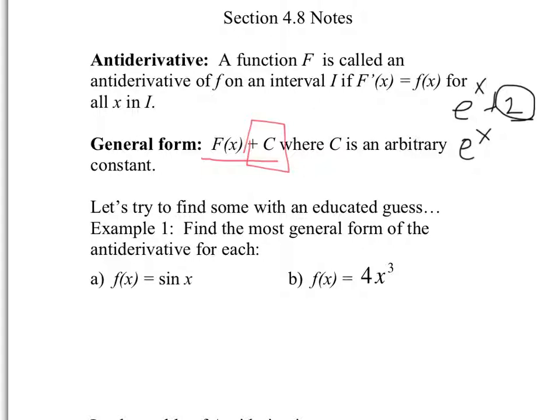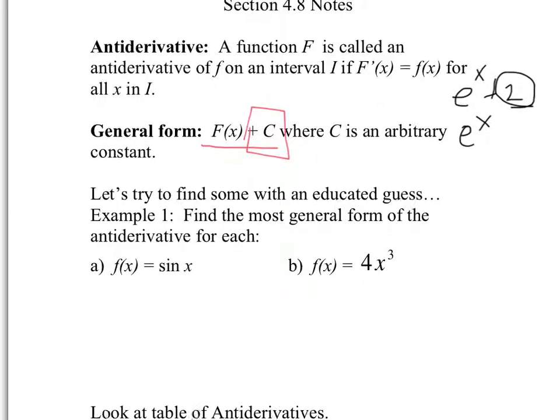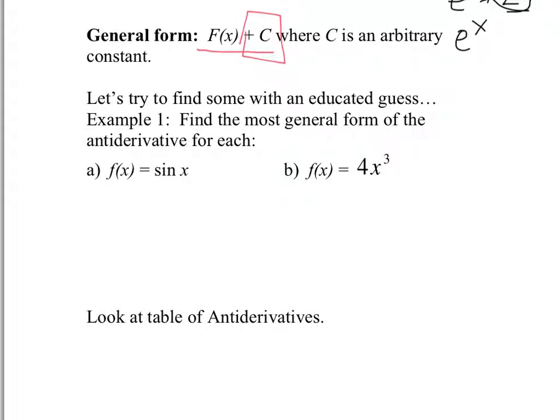We have a table of antiderivatives that we're going to talk about, but first, why don't we just guess? I'm saying to you that the derivative of some function is sine x. What would the original function have been? Well, we know it had to be of the form cosine x plus c.